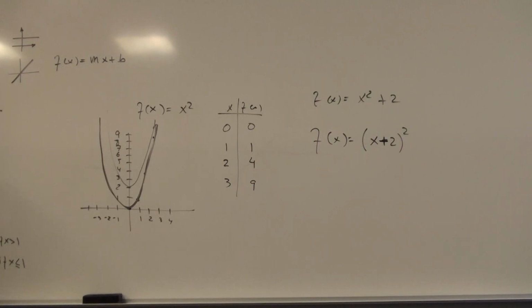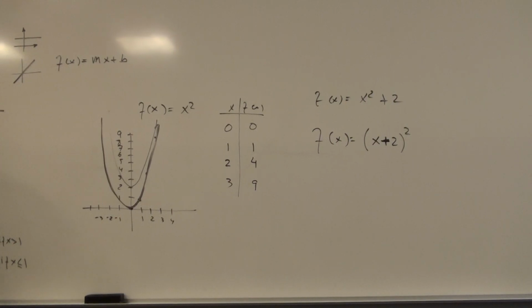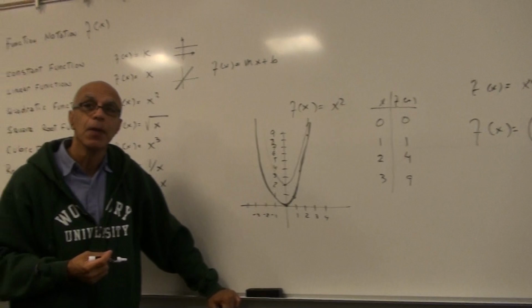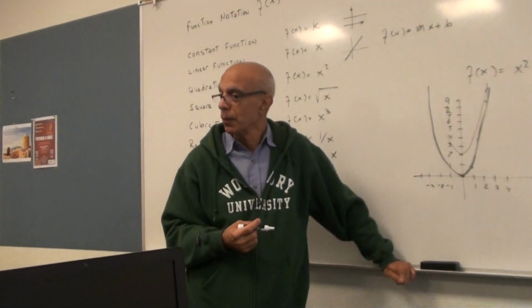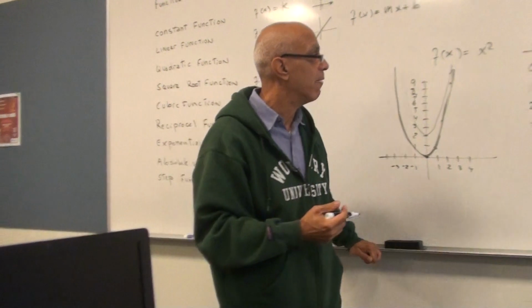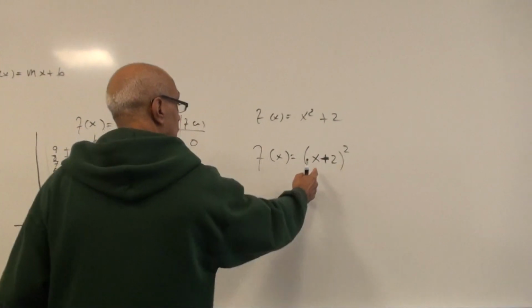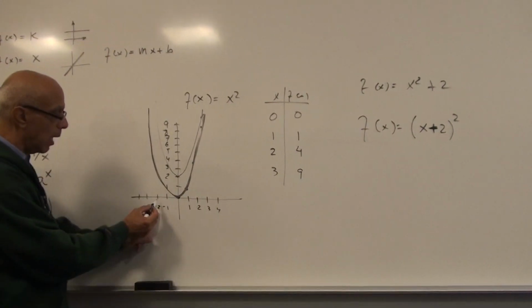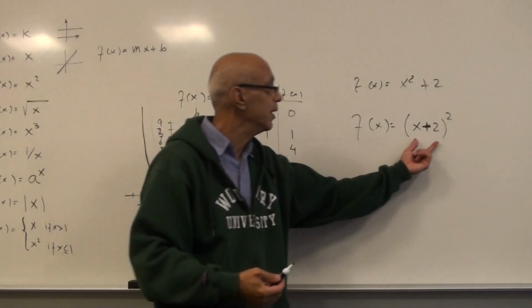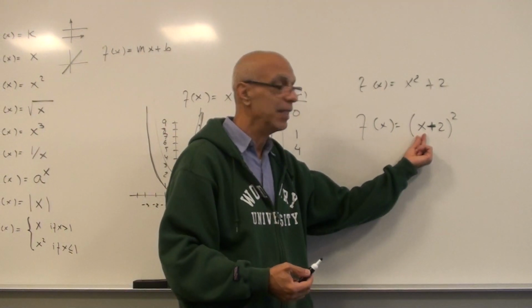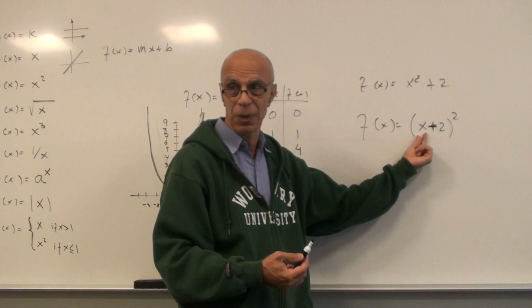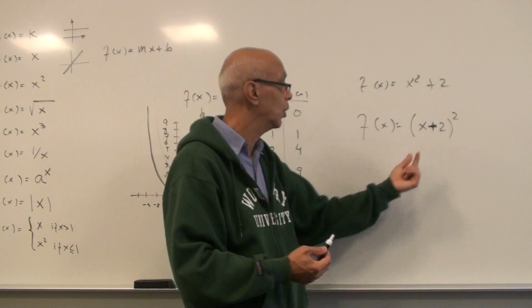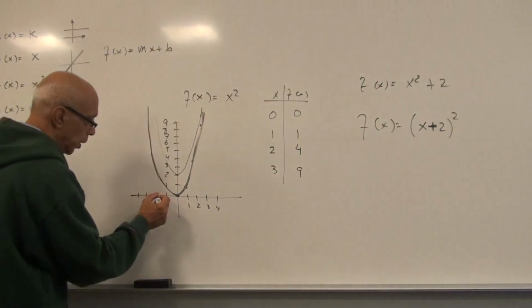Anybody? It's going to shift to the left, right? The minimum now is going to be 0 when x is -2, okay? When x is -2, it's going to shift here, right?